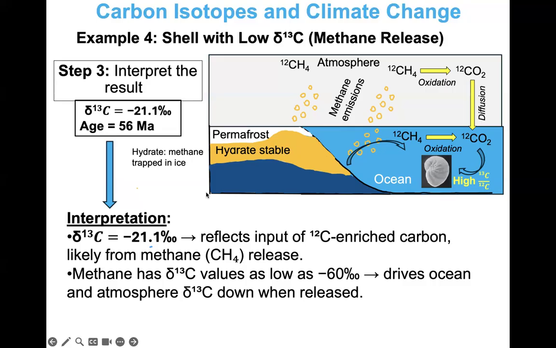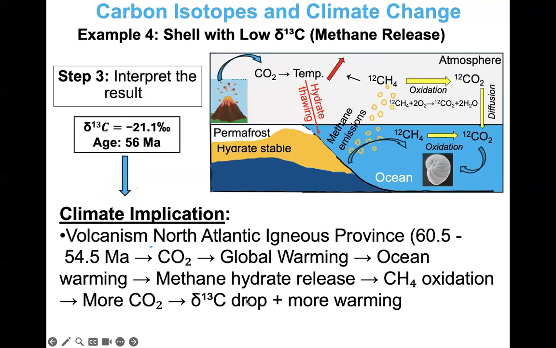Methane usually has values of about minus 60 per mil, and it drives ocean and atmospheric delta 13C down when released. Okay, I know this is a little complicated example, but when you're tested, you will not get this kind of question where you have to do this kind of interpretation. The question would be very simple, like calculation of delta 13C, for example, and that would be it. So no more complication here.